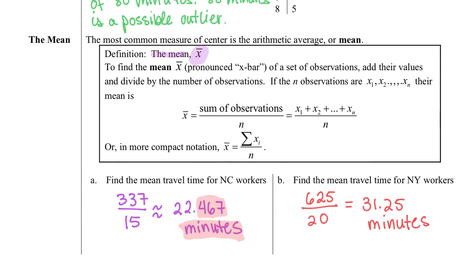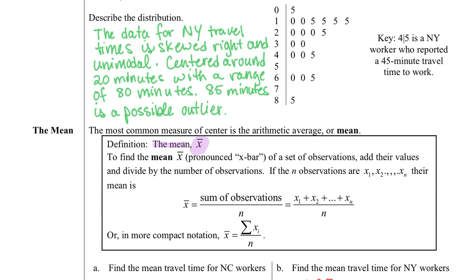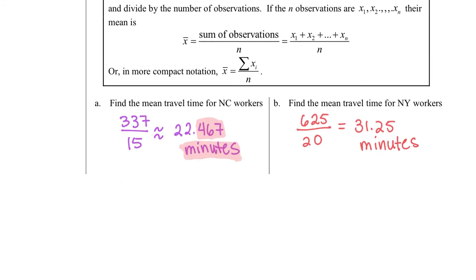Also, for my New York data, I had said centered around 20 minutes, which is quite a bit lower than my mean, which is 31.25 minutes. That's because that skew is pulling that mean towards those higher values. And that does not give us a good representation of where our true center is.